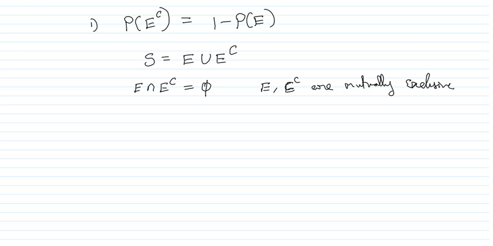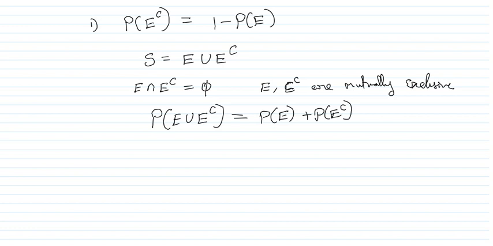So once they are mutually exclusive, using the third axiom of probability, I can say that the probability of E union E complement can be expressed as P of E plus P of E complement. And you know this E union E complement is nothing but S, the entire sample space. So P of S is equal to P of E plus P of E complement.